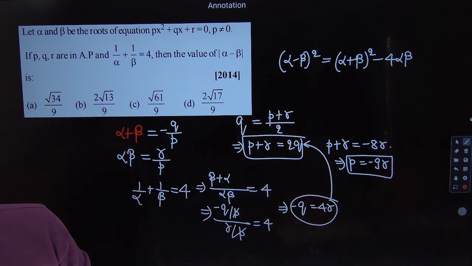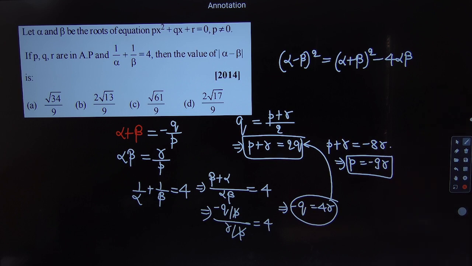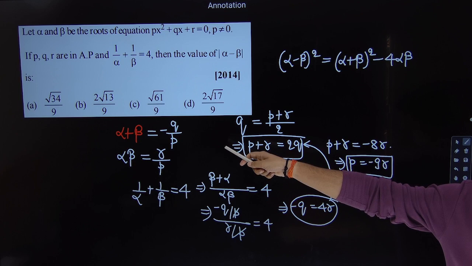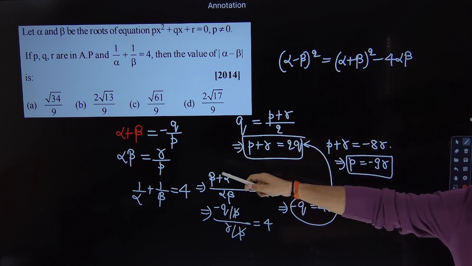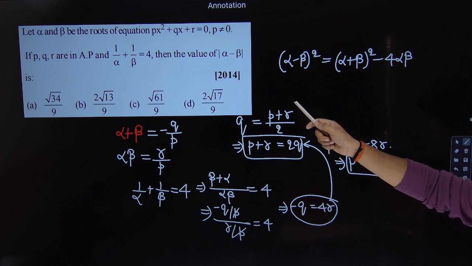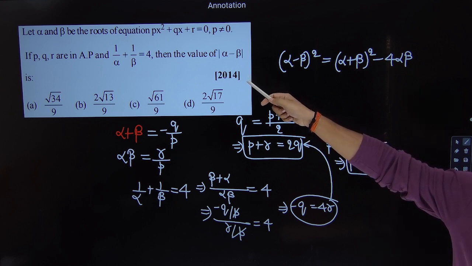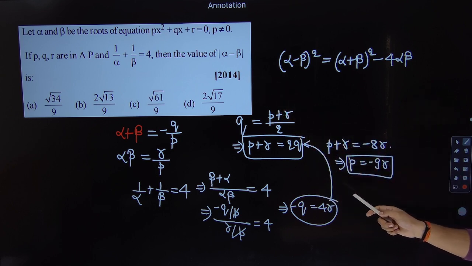You can leave 3-4 lines and continue this after the class. Any problem in the method? Alpha plus beta is known, substitute. Alpha beta is known, substitute, and then finally take the square root. You will take the positive value because they are asking the magnitude. You have to simplify also first.